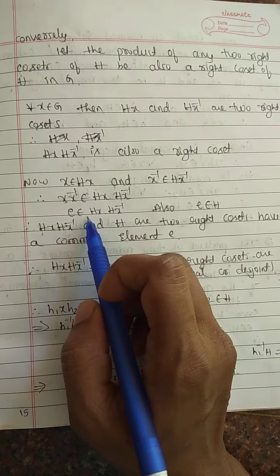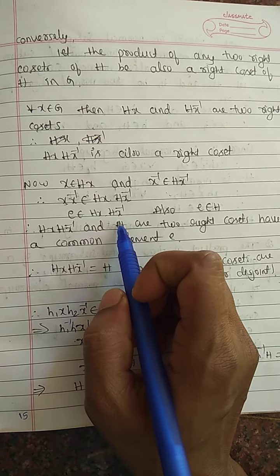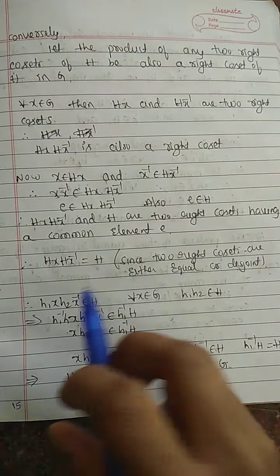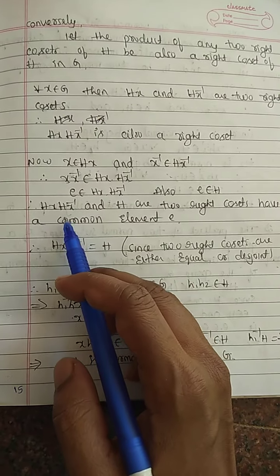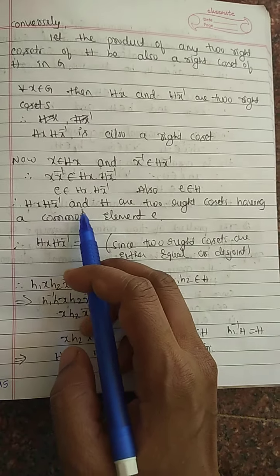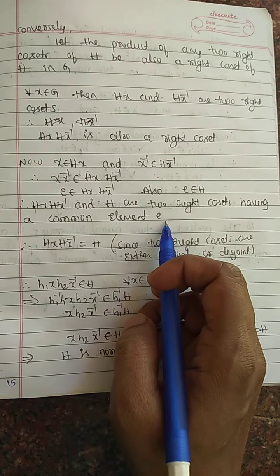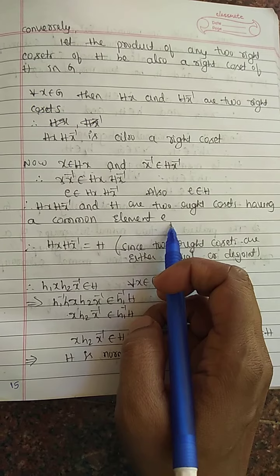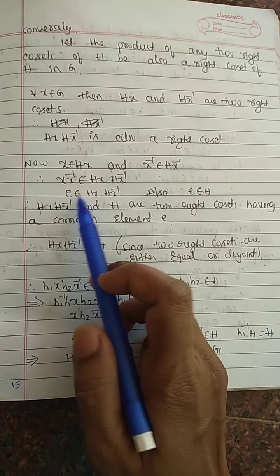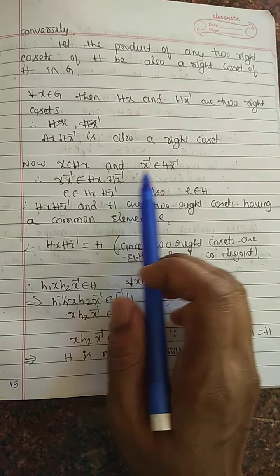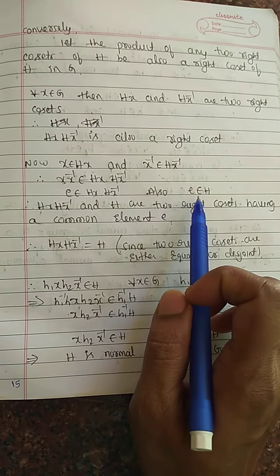This is e. So e belongs to HxHx inverse. Also e belongs to H. Therefore HxHx inverse and H are two right cosets having a common element e.